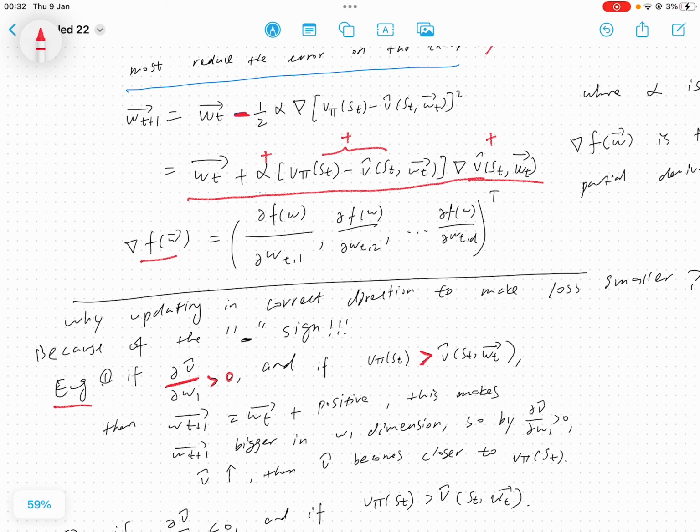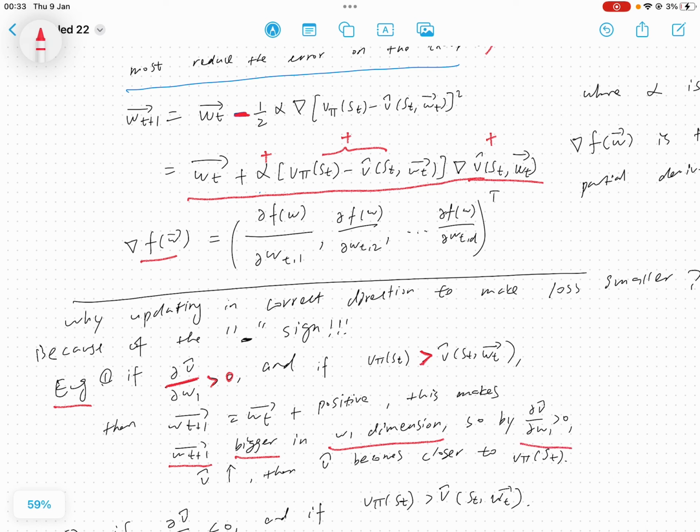So w_t plus a positive thing will make w_{t+1} bigger, just in the first dimension, because this whole equation is multi-dimensional and we're just talking about the W1 dimension here. So this will make w_{t+1} bigger in the first dimension.